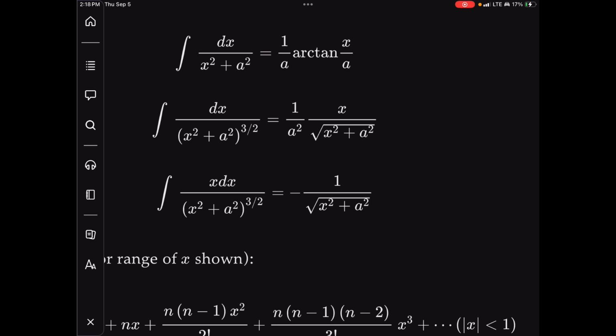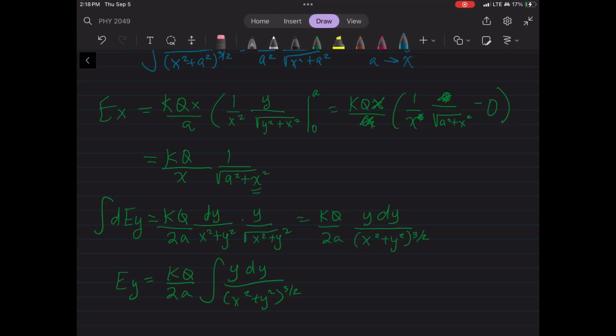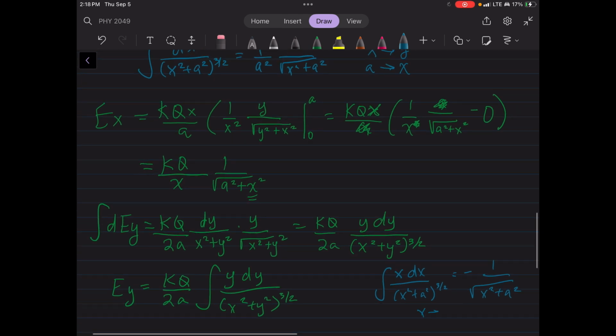That equals negative 1 over the square root of x squared plus a squared. So our x's turn into y's, and our a's turn into x.